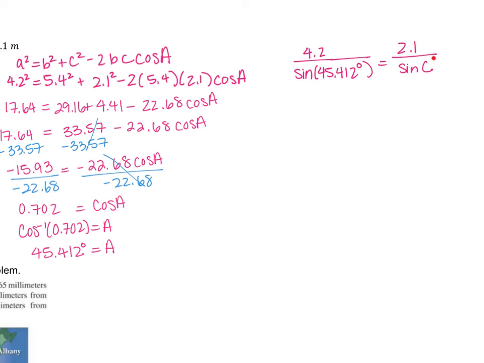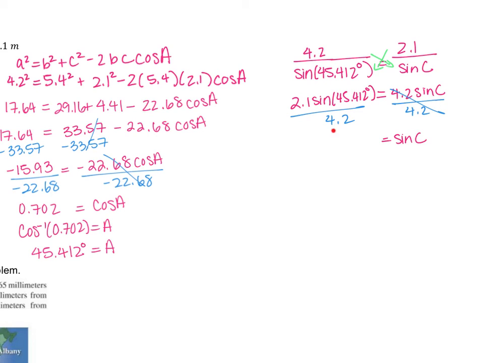So again, the variable is in the denominator, so I might want to cross multiply with this one. And this would give me 4.2 sine of C on this side, 2.1 sine of 45.412 on this side. I need to divide off 4.2 to cancel out that piece, and then sine of C comes down.